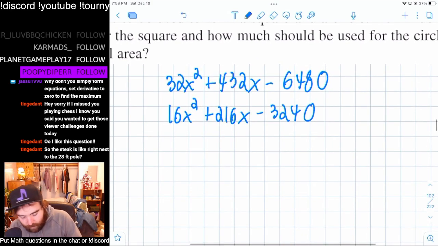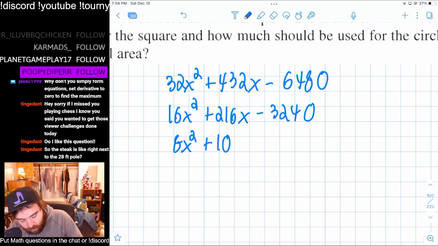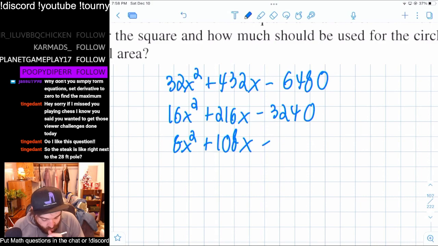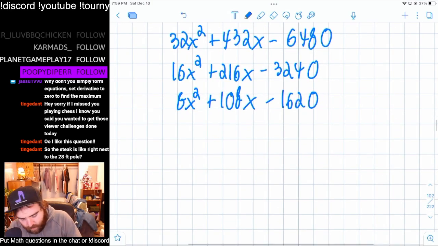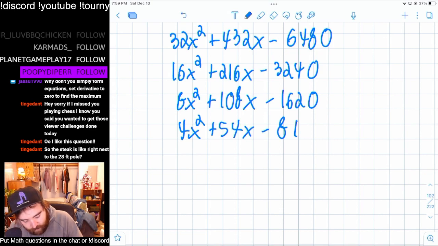Now I can do it again. 8x squared plus 108x minus 162 with the 0. And then 4x squared plus 54x minus 8100.